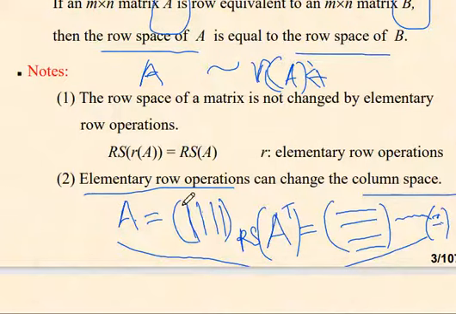If you have A, these are the columns. Take the transpose of this matrix, then these columns become rows. Then you can do row operations and find the row space of this. Then the row space of this one becomes the column space of A.